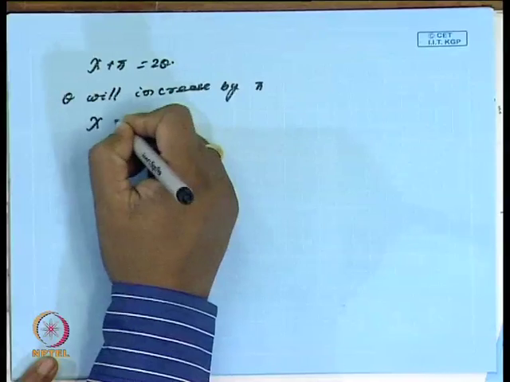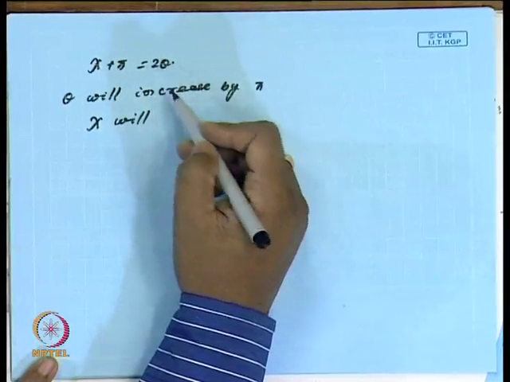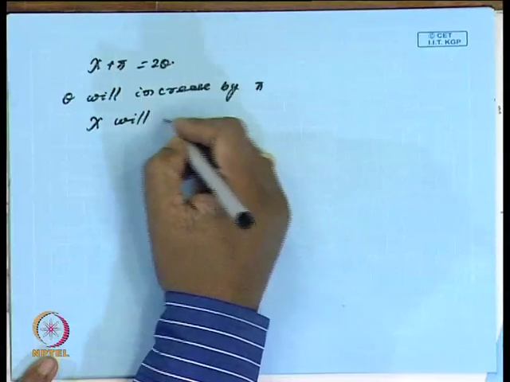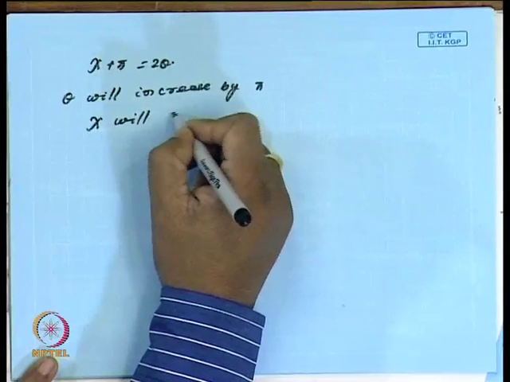Chi will increase. If theta increases from 0 to pi, that will be 2 pi, and then chi will increase by pi.